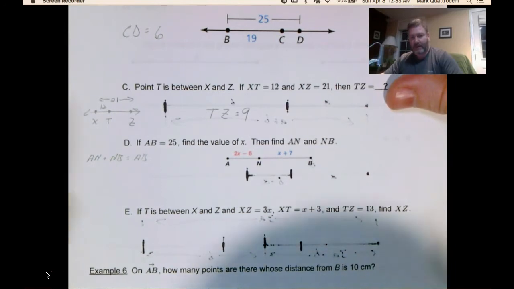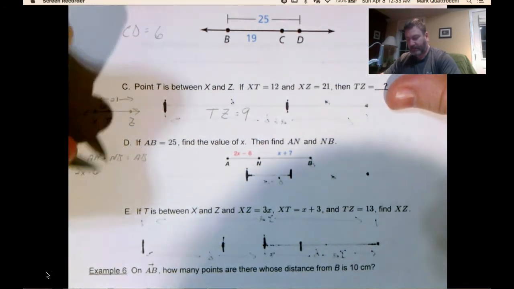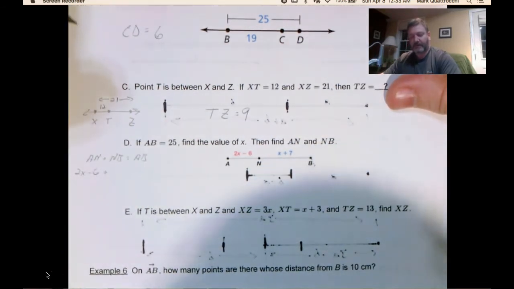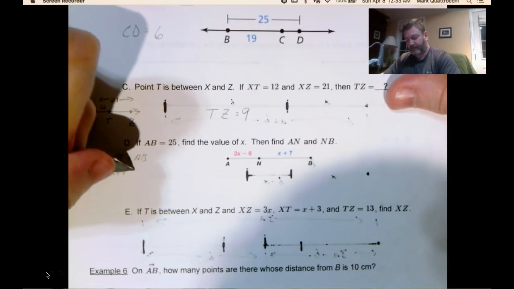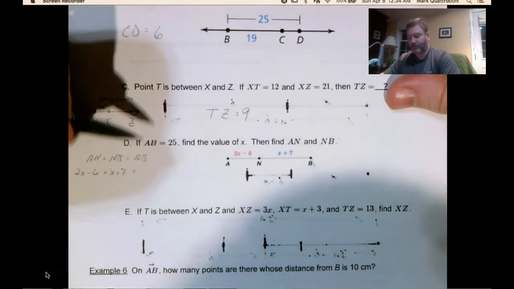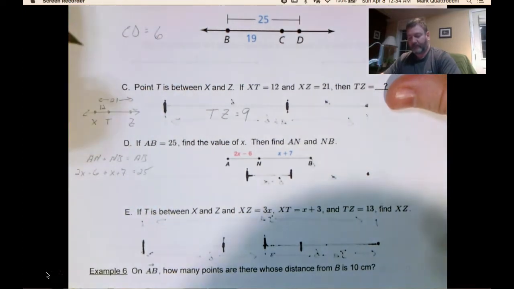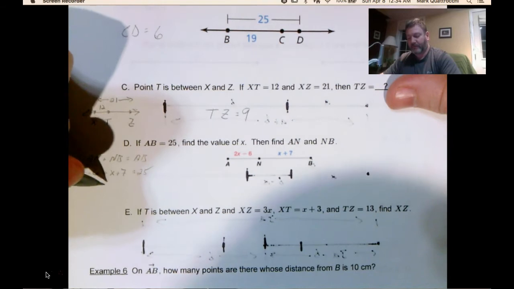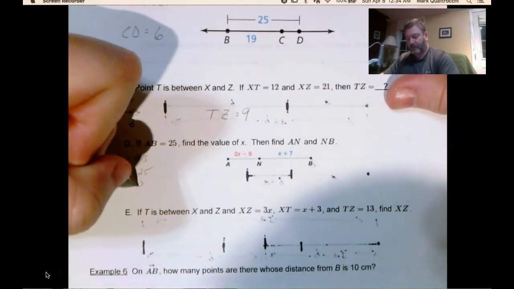The measure of segment AN is 2x minus 6 plus the measure of segment NB is x plus 7. And that has to equal the measure of segment AB, which we're told in the problem is 25. A little bit of algebra. 3x plus 1 equals 25.